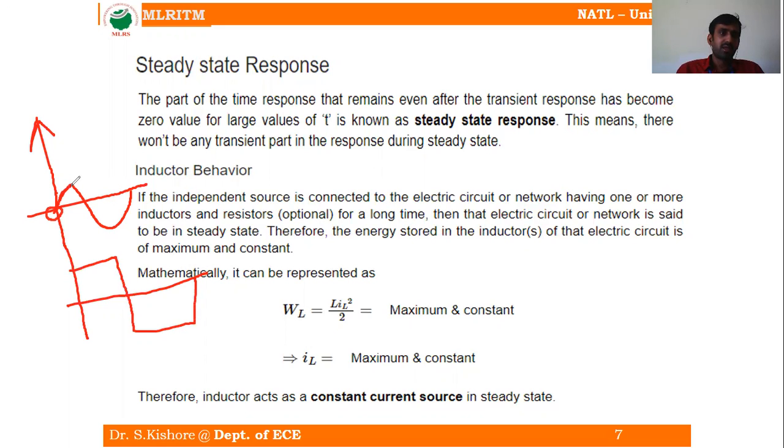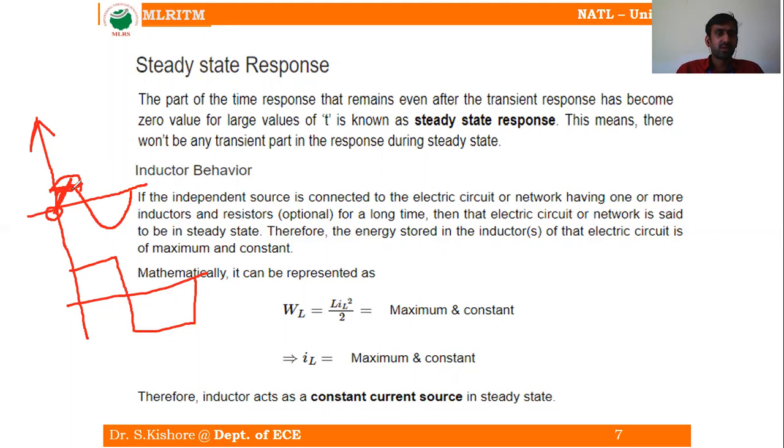The starting state and the last state, these particular states, are nothing but your steady states.